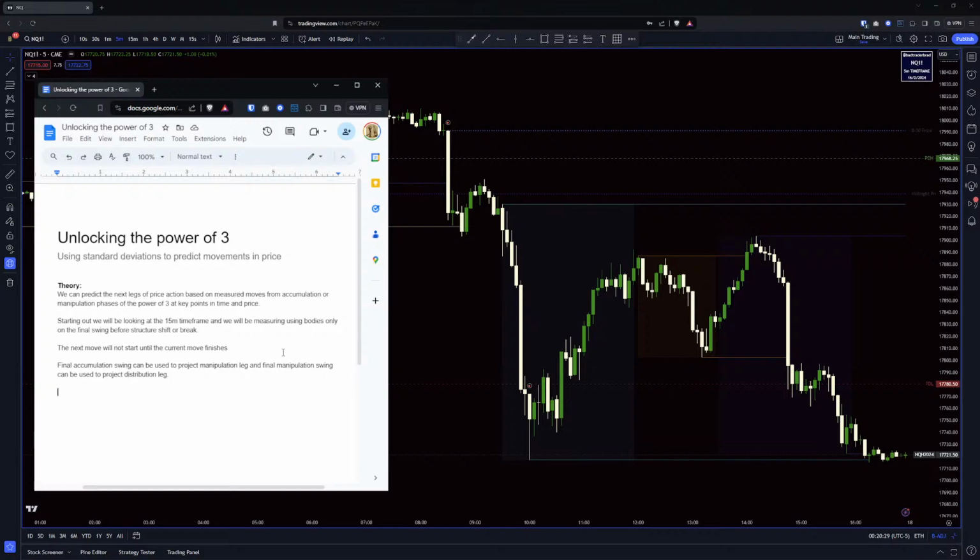I think you could probably use this in all time frames and predict moves that align with that time frame, right? So I'm liking using the 15-minute because the 15-minute alignment is with the 4 hour, and the 4 hour is a great measurement to break the day up, because the day is broken into chunks of 4 hours, right?